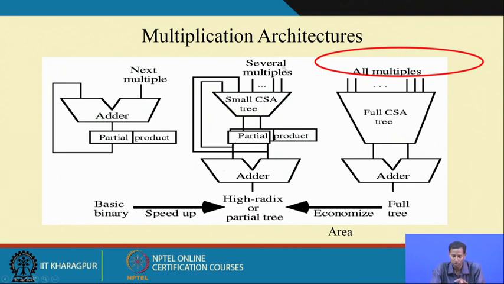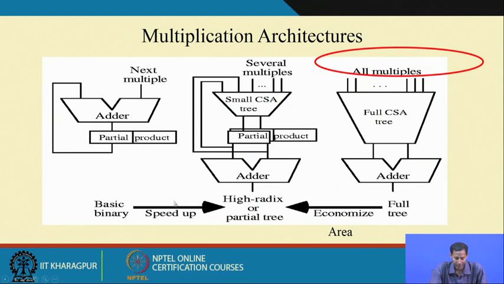So, the tree multipliers are categorized into three different architectures: one where I am considering all the multiples, one where I am considering only single multiples, and one where I am considering the partial multiples.